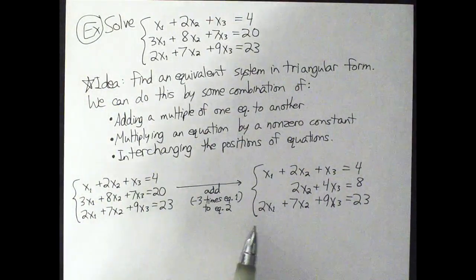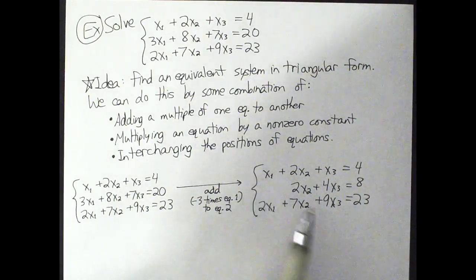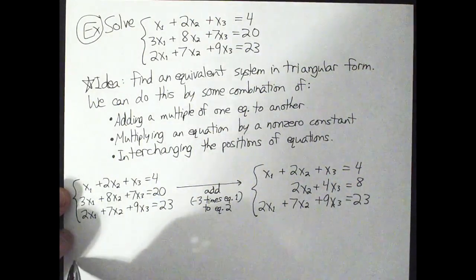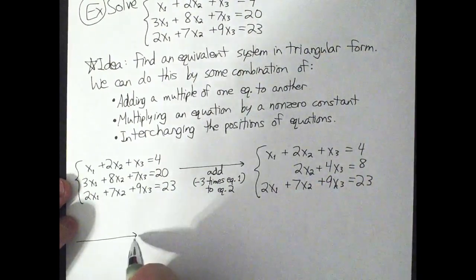Next, I think I would really like to get rid of this 2x1 in the lower left. If that was empty space, like if there was a 0 there, it'd be even closer to the triangle shape that we're looking for. So again, I'm going to add a multiple of an equation to another.